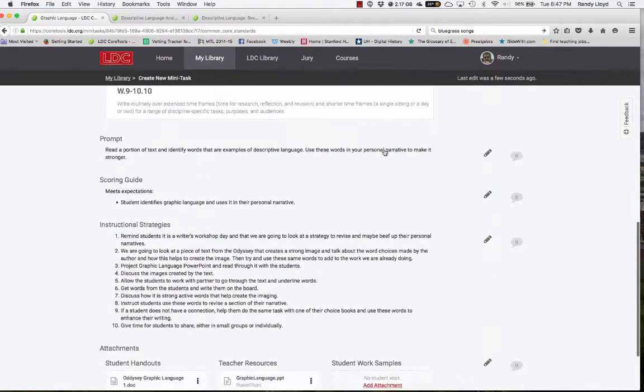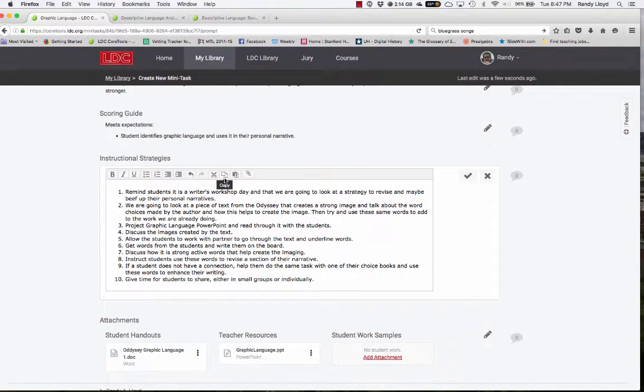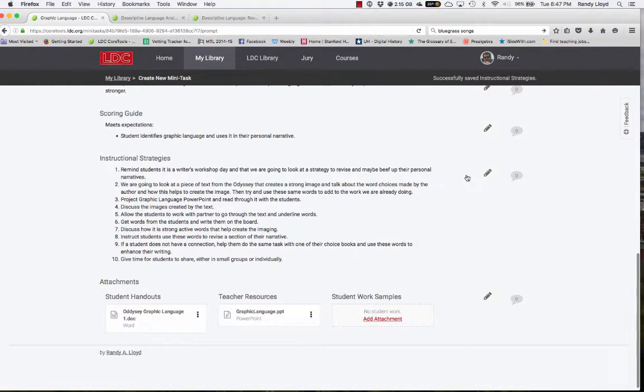The other part of this that was really straightforward was the instruction, because what I did was I had a step-by-step instruction when I originally wrote it. I remind students that it was Writer's Workshop, and I would map this out, but it was all on a piece of paper, so all I pretty much did was copy it from one format to another format, and voila.